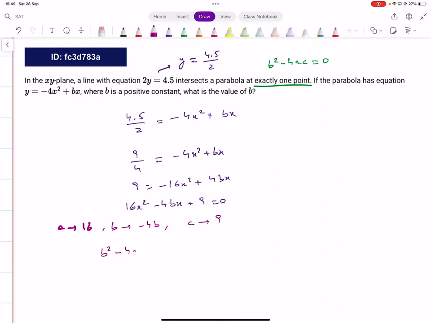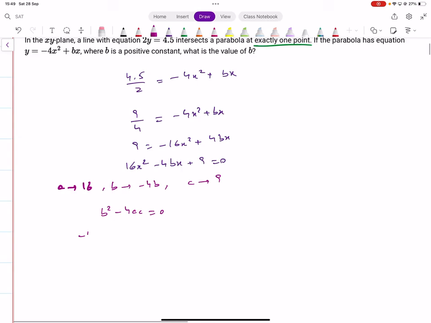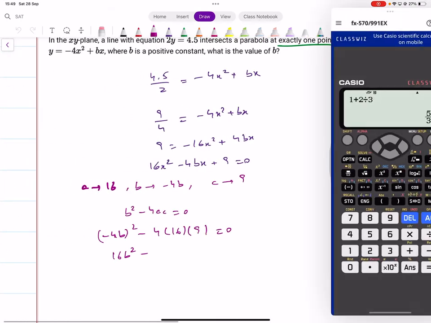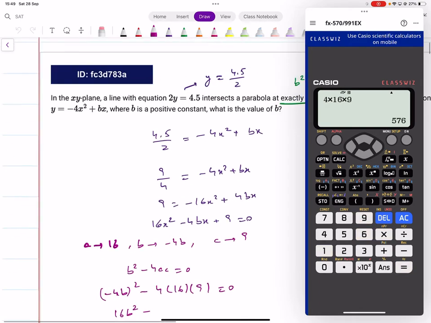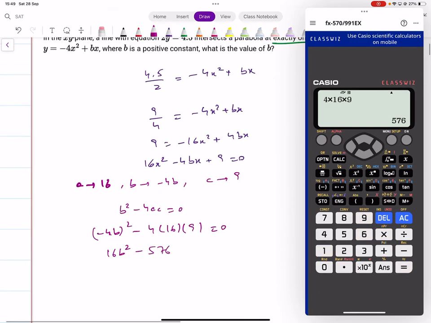b square minus 4ac is equal to 0: minus 4b whole squared minus 4 into 16 into 9 is equal to 0. And we get 16b squared minus 9 into 16 into 4, okay? 64 times 9, anyone? 576. b square equals 576 over 16.